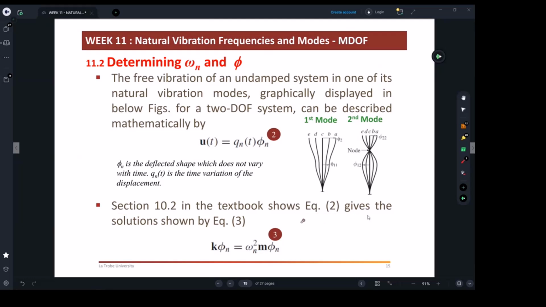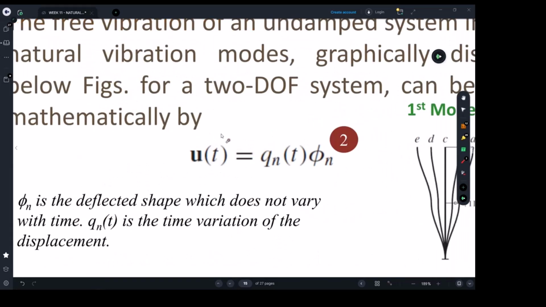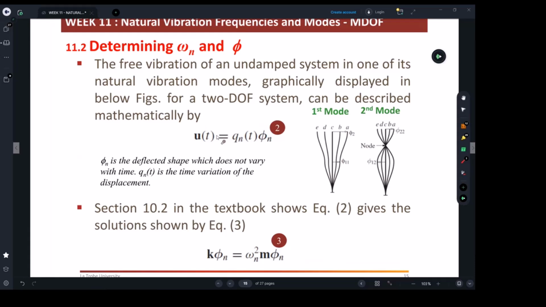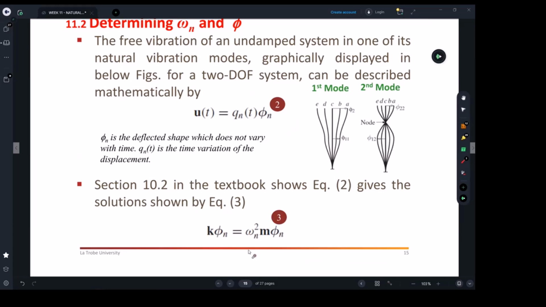So equation 2 can be solved or re-represented, because what we really want to find is a relationship between displacement and stiffness, right? There is a way where we can relate displacement with the stiffness by incorporating the mass. So there is a mathematical process where we can convert equation 2 to equation 3, and that's what happened here, which is the key equation we're using today to find our shape and omega.